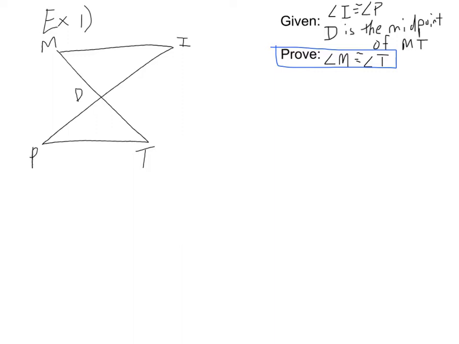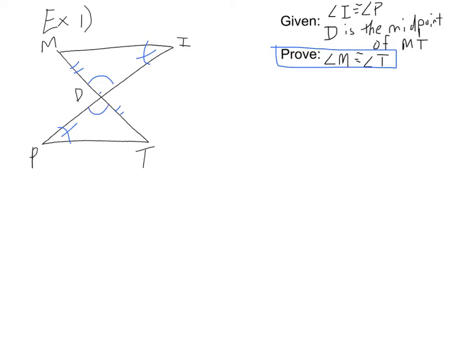But let's start at the top. They tell us angle I is congruent to angle P. Oh, that was nice. They just gave that to us for free. So that's going to be one part of our proof. That'll be given. We'll write that out. They also tell us that D is the midpoint of MT. If D is in the absolute middle of MT, then that means that we get two equal parts making up MT. And also by the diagram, you should already be able to see you're going to have some vertical angles being congruent here.